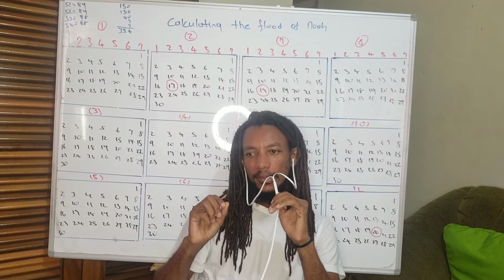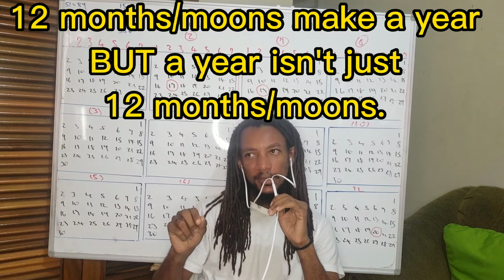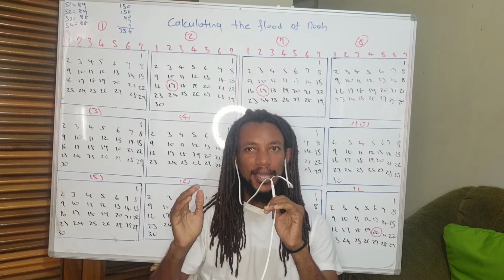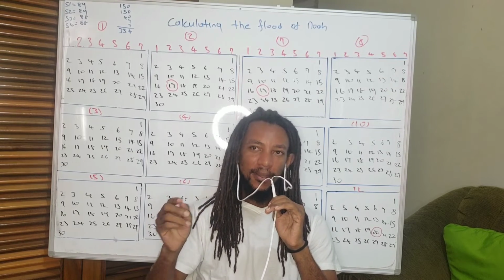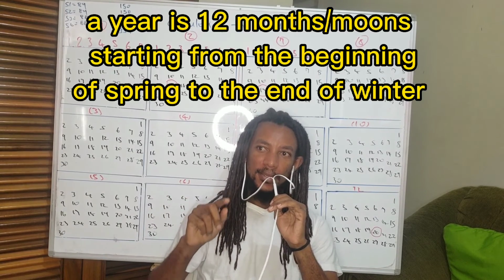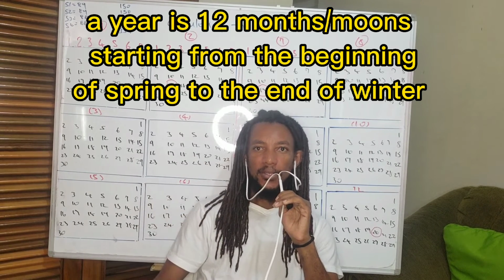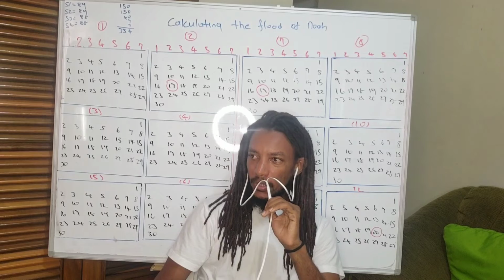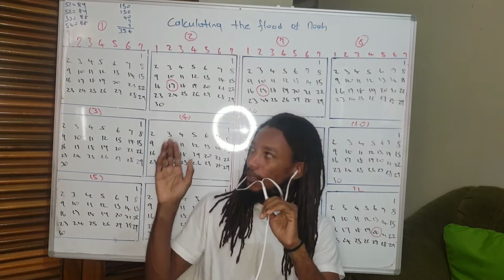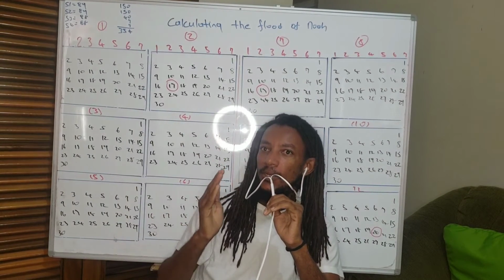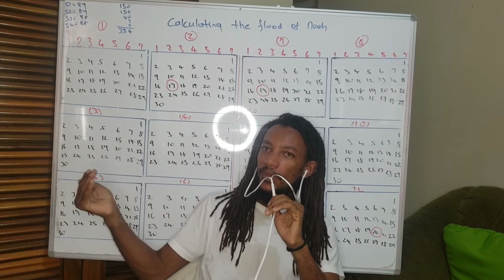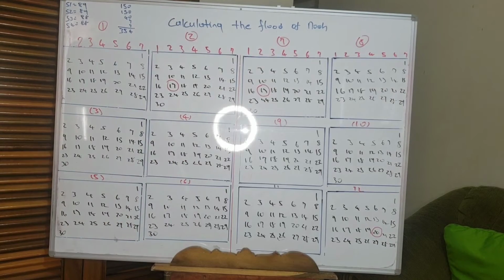But a period of 12 months is the time period of a year, as well as a year meaning from the beginning of spring to the end of winter, right? So we're going to look at a few things here from the solar lunar perspective and from the Roman perspective.